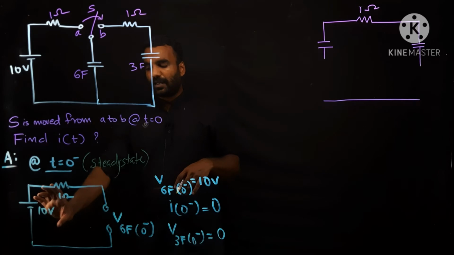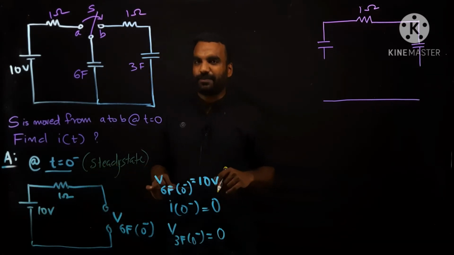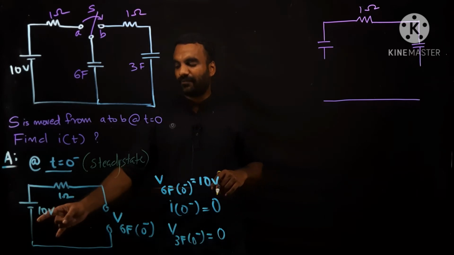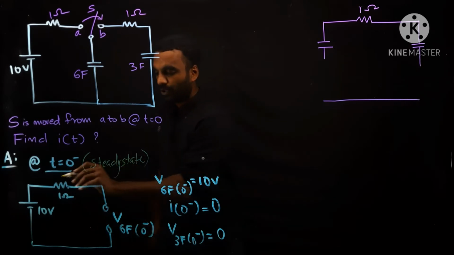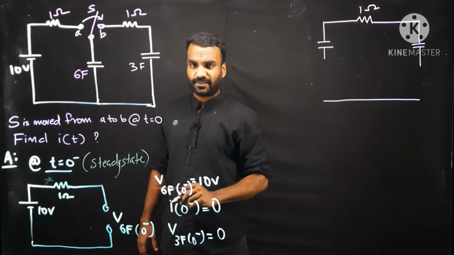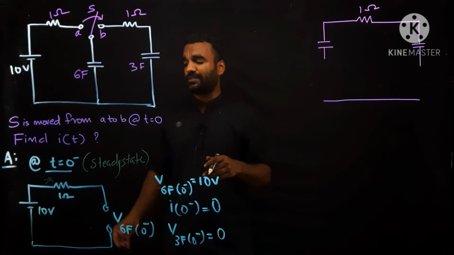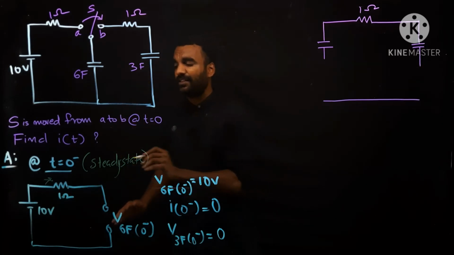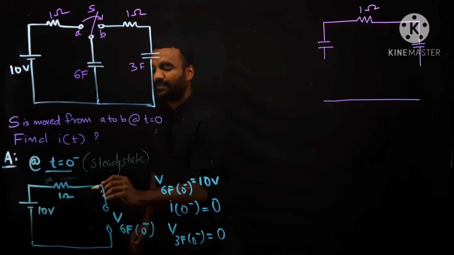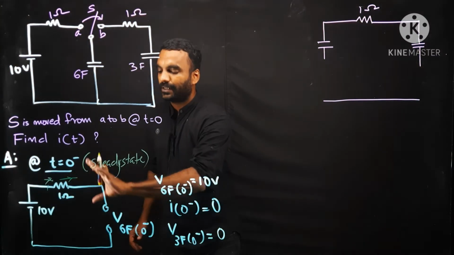Now please analyze what voltage appears across this capacitor, as the source is 10 volt and no current is passing through the circuit, no current through the 1 ohm resistor, so no loss. If current were passing through the 1 ohm resistor, some voltage would drop there. But in this case there is no drop, so the entire 10 volt is replicated at this side.